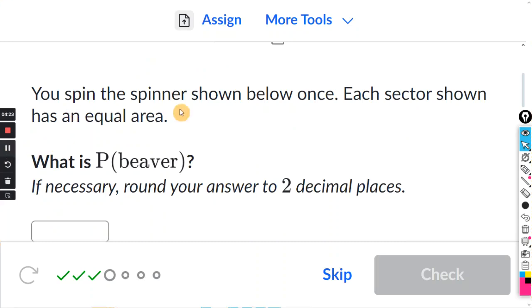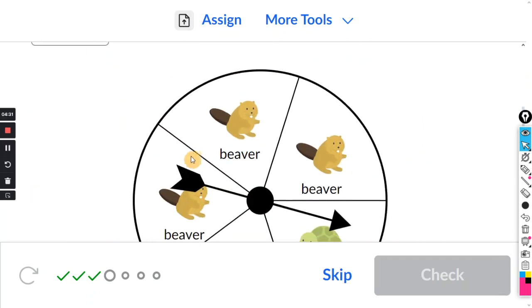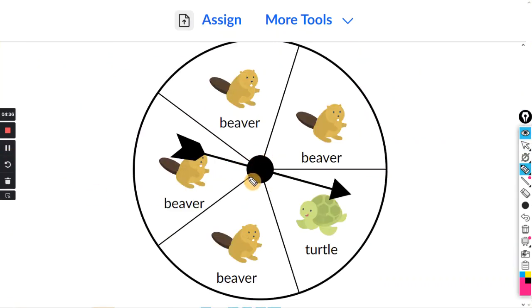You spin the spinner shown below once. Each sector shown has an equal area. What is the probability of landing on beaver? All right, let's take a look. So the sector is like one of these slices of pie or pizza. This is a sector right here. They said all the sectors are equal area. So that means there's an equal probability of landing on any one of them.